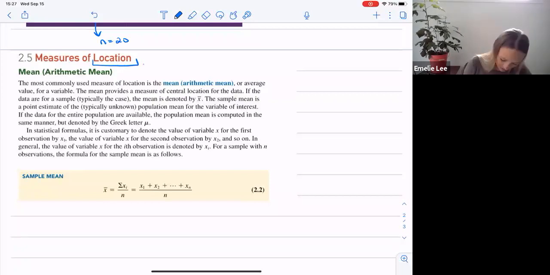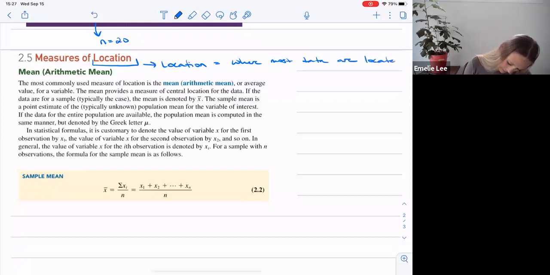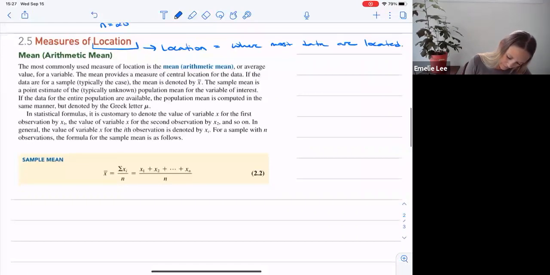But measures of location, location is where most data are located, right? We could call it the center.